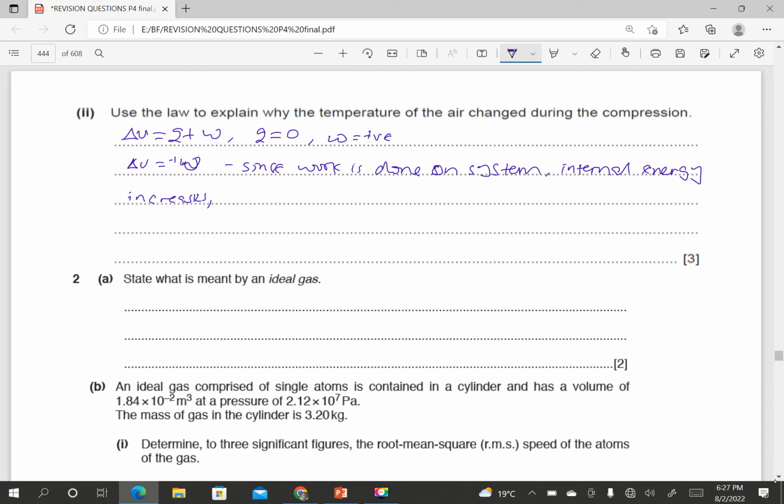Remember, internal energy is equal to the total kinetic energy of the molecules. So the total kinetic energy of the molecules increases. The average kinetic energy of the molecules increases.